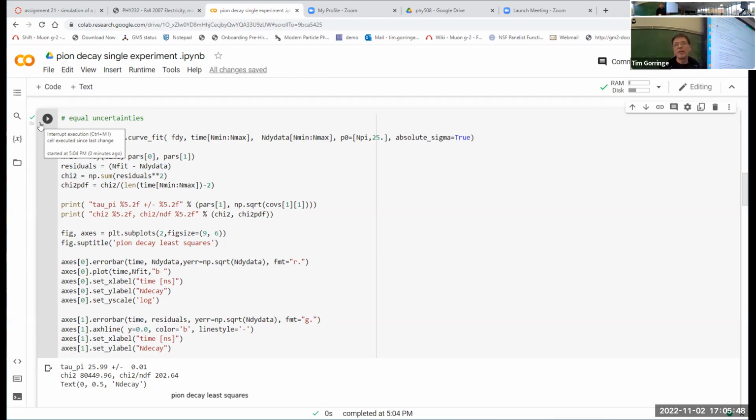And that causes uncertainty on the data points that change with time. And so to extract the lifetime with high accuracy, you'd have to deal with the uncertainties on the data points carefully. And so we're going to look at that counting statistics issue.